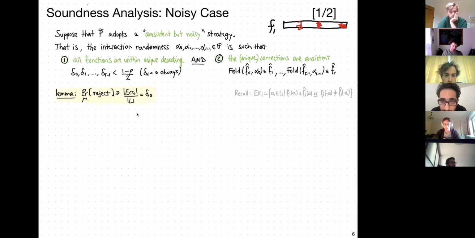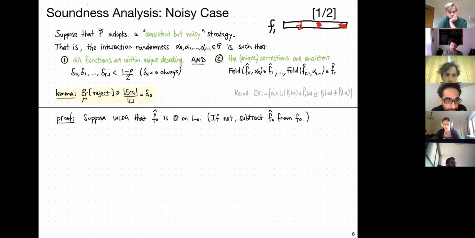Okay, so how do we prove this thing? First of all, we do the important trick that we'll do all the time, which is to rotate the space and assume without loss of generality that the self-correction of the polynomial is 0. This doesn't change anything, but it makes our life really easy.